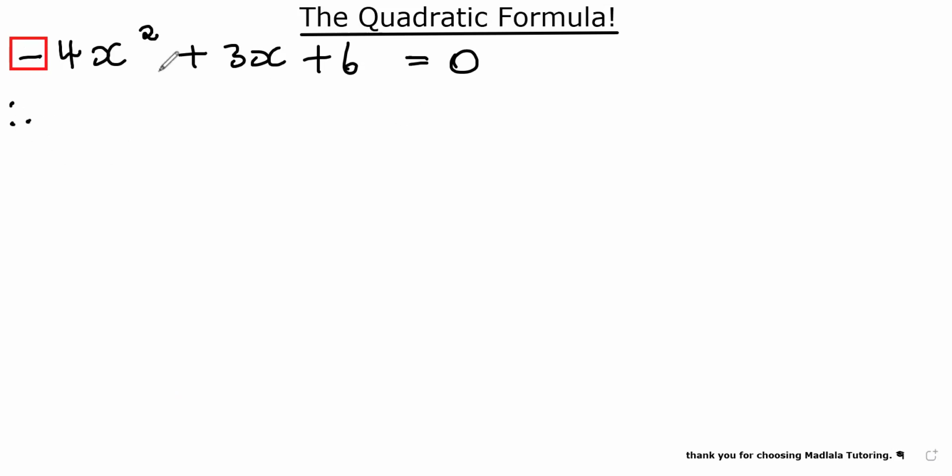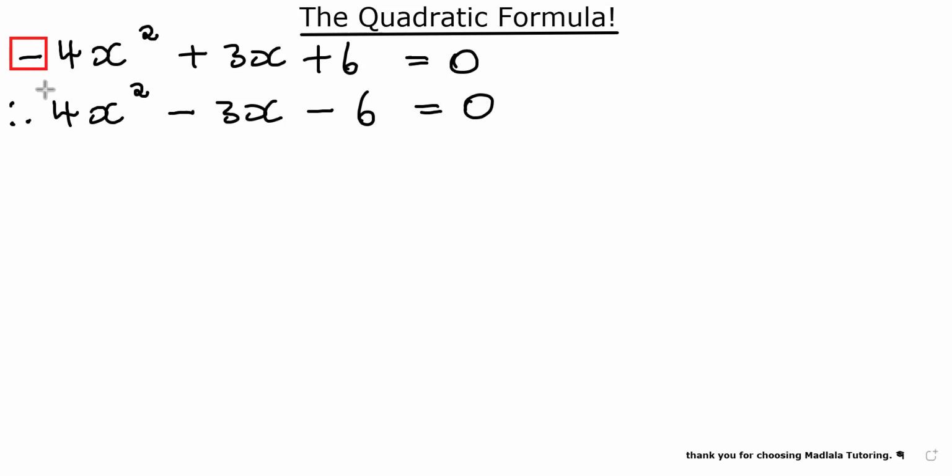So we want to divide throughout by this negative. So negative 4x squared divided by negative 1, we get a positive 4x squared. But here we get a negative 3x, and here we get a negative 6. Now your equation is in standard form.